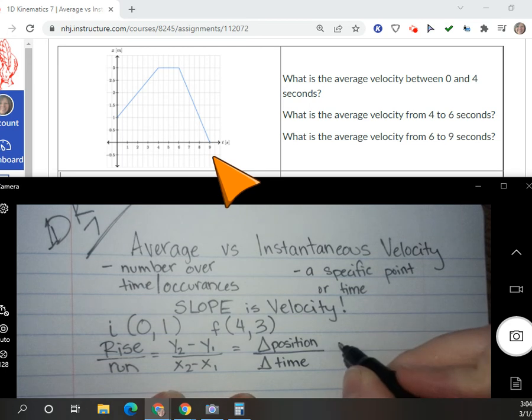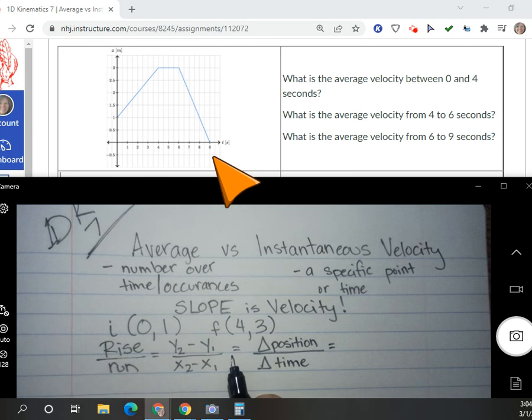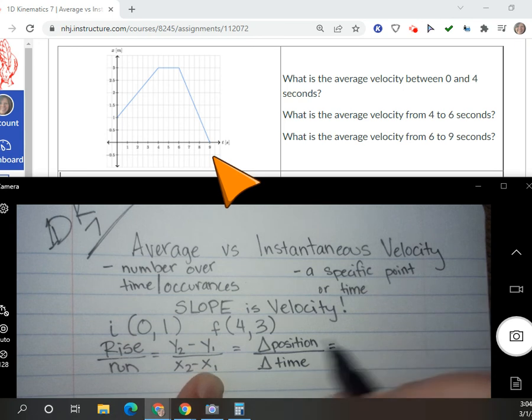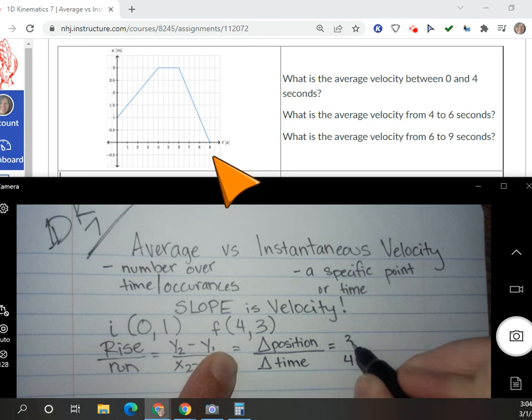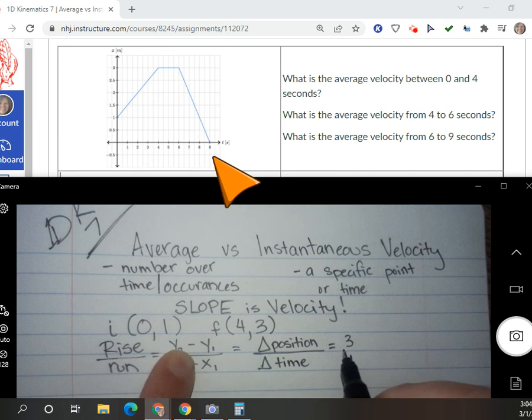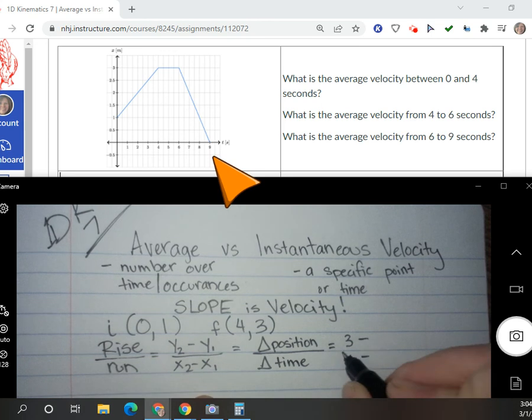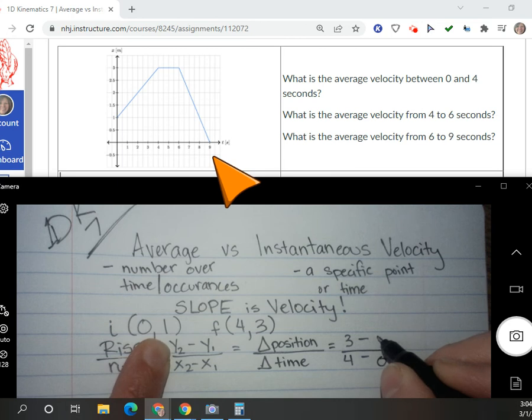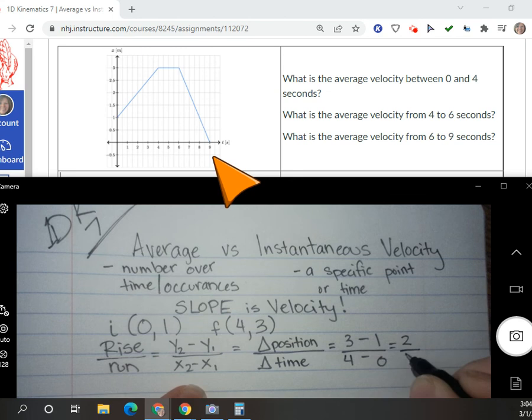So let's go ahead and figure the slope for this. Our final is 4 and 3, so x is 4, y is 3. That's y2 and x2. And our initial, x is 0, y is 1. So our slope is 3 minus 1, which is 2, over 4 minus 0, which is 4.